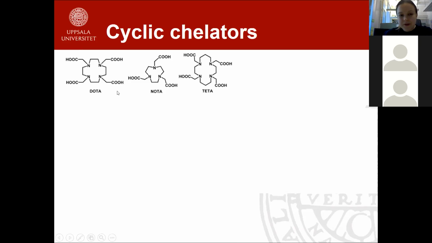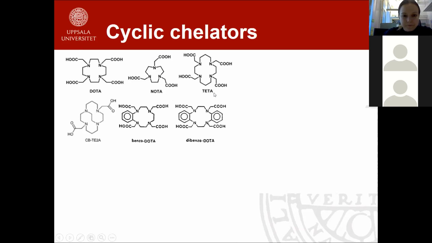So if it's 4 nitrogens, it's DOTA. If it's 3 nitrogens, it's NOTA. And there are all these kinds of derivatives of the chelators. And then we can also have various modifications.